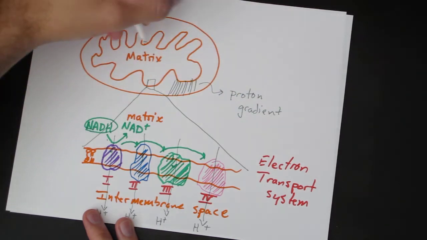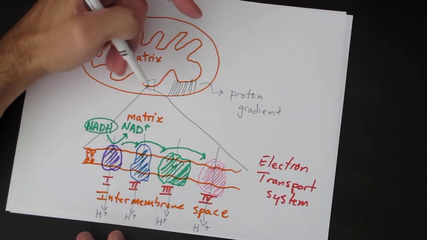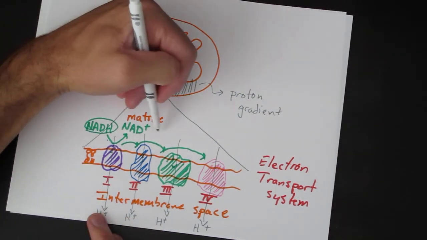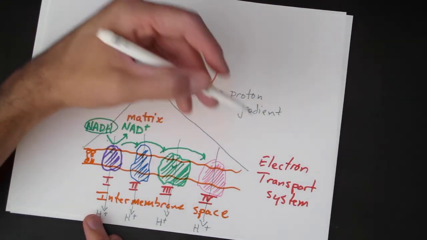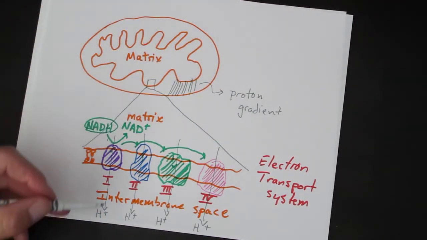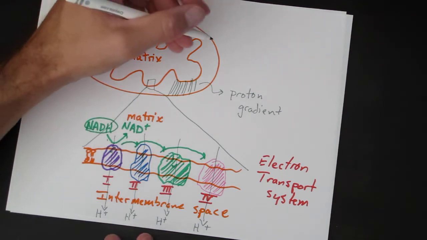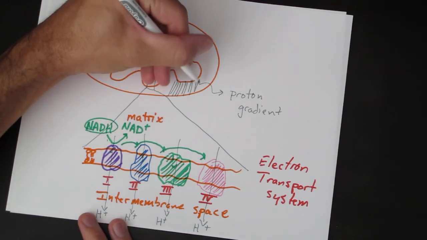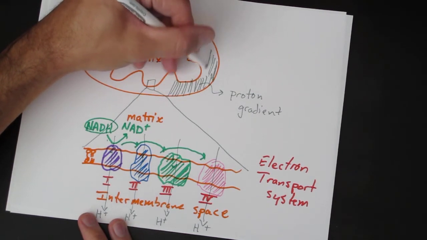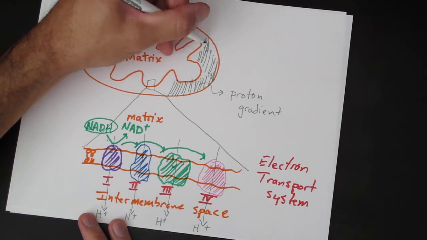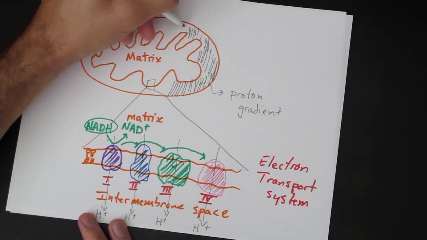Those protons are just floating around in the matrix, and as we go through this redox reaction chain in the electron transport system, those protons are actively pumped into the inner membrane space. So we end up with a lot of protons in this area of the mitochondrion.